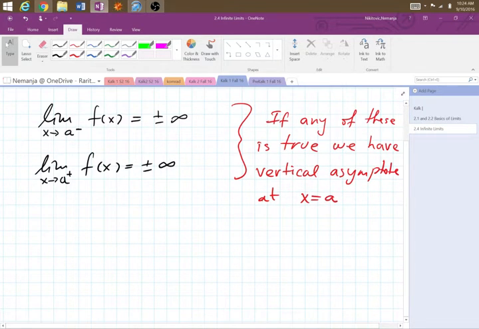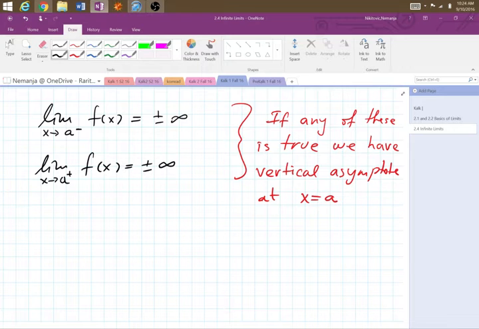So this is your definition for vertical asymptotes now. And you will be computing these values to find vertical asymptotes in the future. I will give a few examples, and we're done, believe it or not.